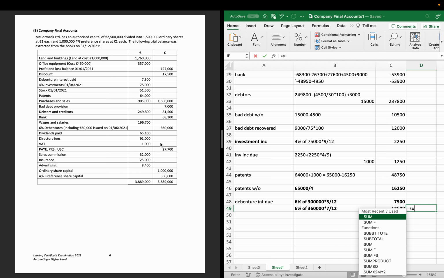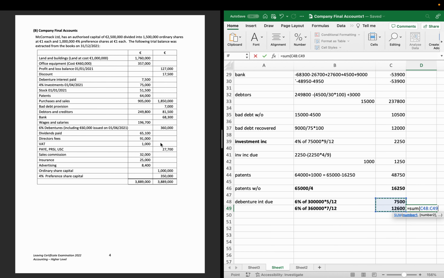So if we add those two together, that's your debenture for the year. Now your debenture interest due will be 20,100 minus whatever we've paid. So we've paid 7.5. So you have 12.6 left to pay.